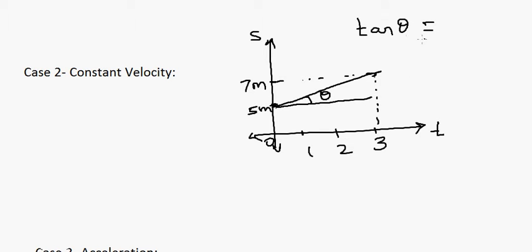And this tan theta is dy by dx, as dy by dx is also the slope. Dy by dx is constant, as tan theta is constant, as theta is constant.